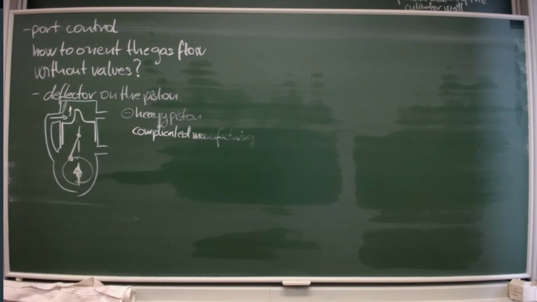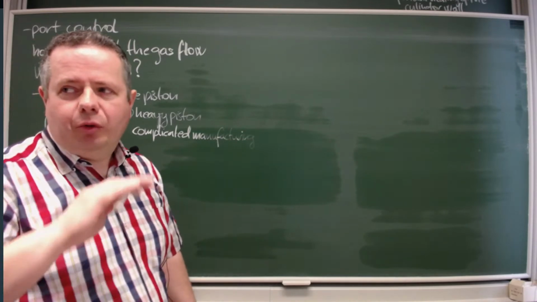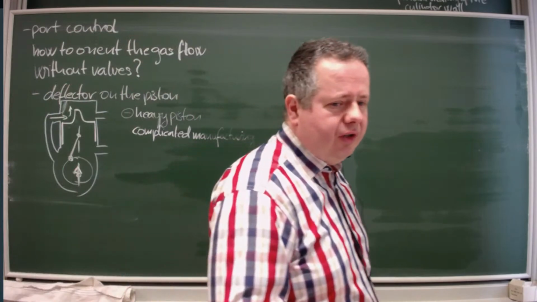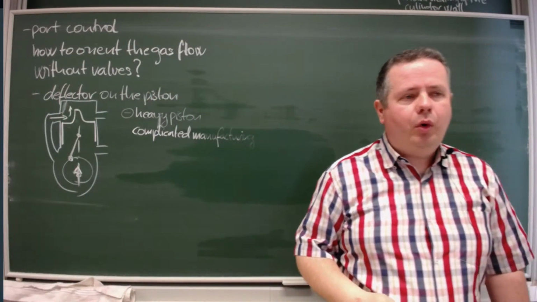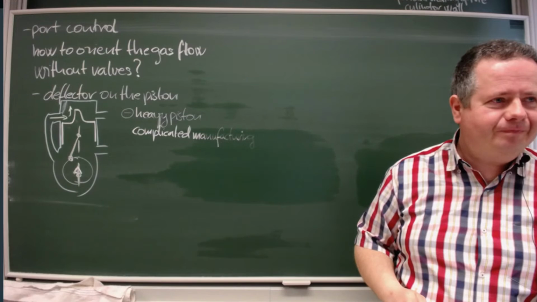So it was clear quite soon that the best way is to use a flat top piston as for four-stroke engines. But then how to orient the gas flow in the cylinder?